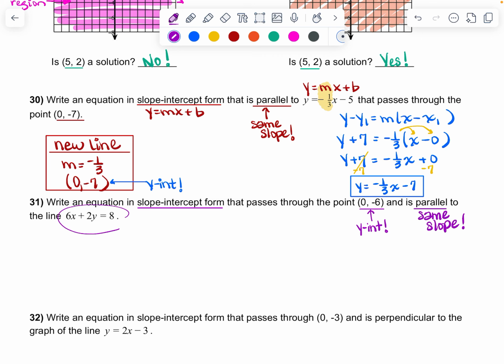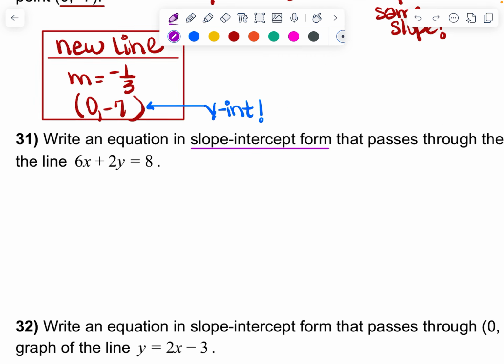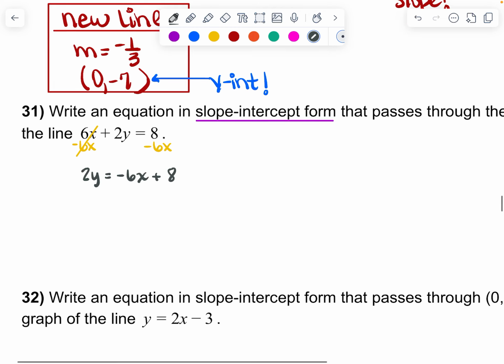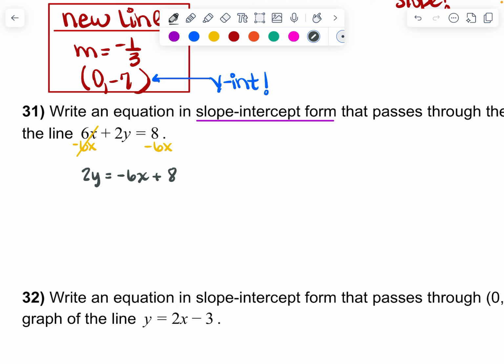But it's parallel to 6x plus 2y equals 8. Well, unfortunately, I don't know what the slope of that line is because that is in standard form. So I'm going to need to put him in y equals mx plus b form really quick. And so let's see, 2y equals, I'm going to put the -6x in front and kick the +8 out to the side because that's my constant.